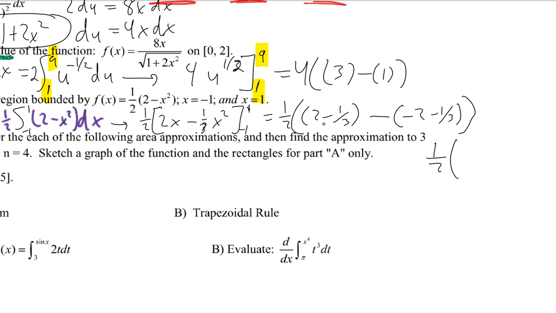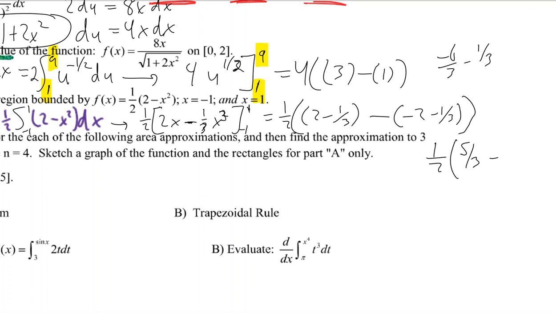So 2 minus 1/3 would be 5/3. It would not, because you're plugging in -1, but yeah, then you square it because of this negative. So -2.